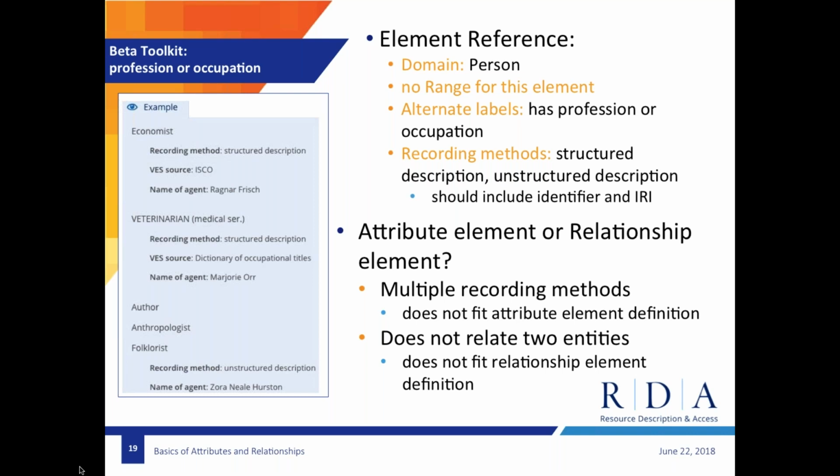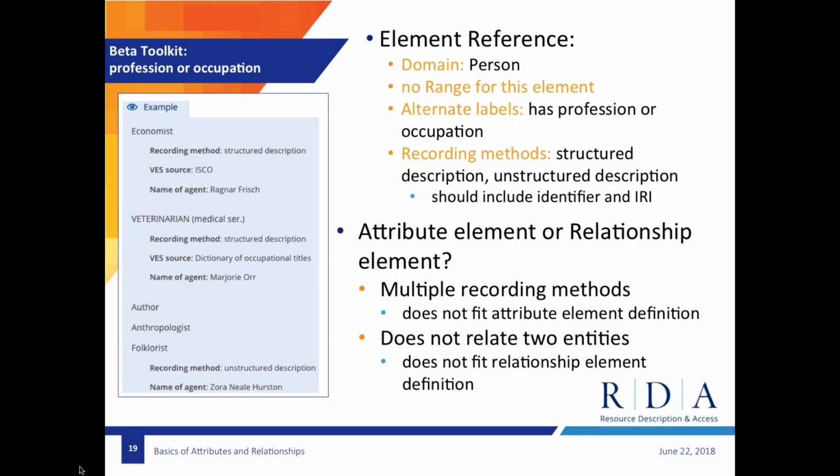So again, we're still working on it, and one day we'll have that synced up, or perhaps we'll streamline that so that information only appears in one place. But as you can see, there's examples showing a couple of different methods, a structured description and unstructured description.